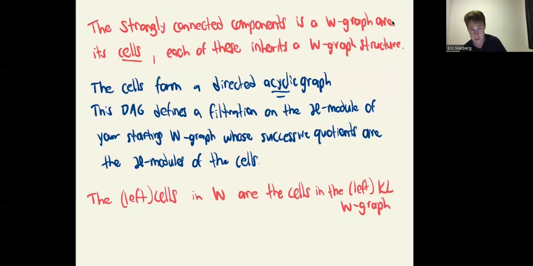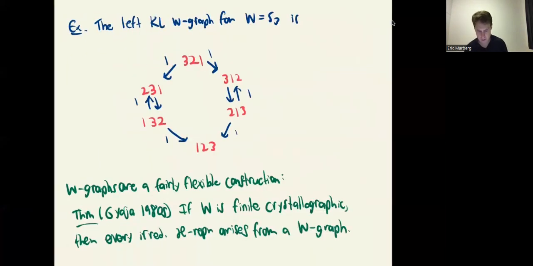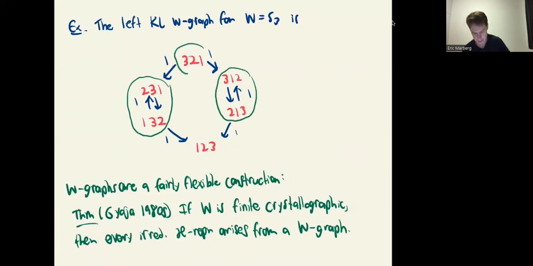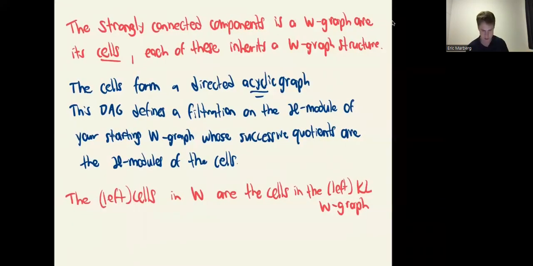So if we turn back to our S_n example, the cells here are going to be these elements here, and then these elements here, and then we have two cells that are just of size 1, like this. And then you'll notice the directed acyclic graph that's relevant here is some picture like this.